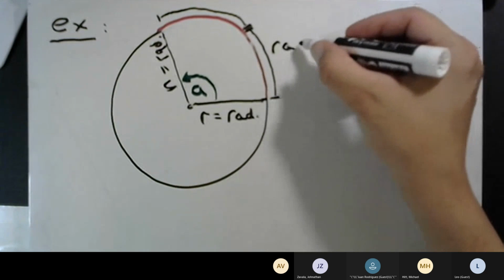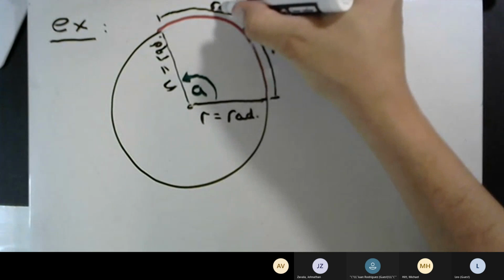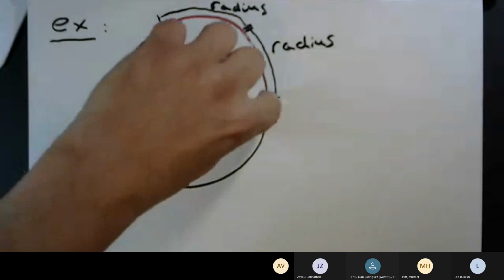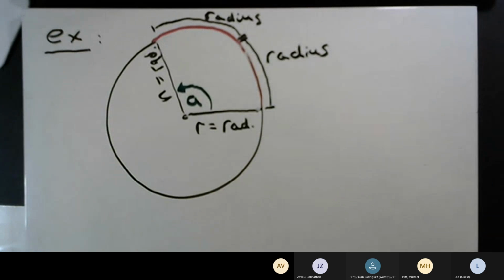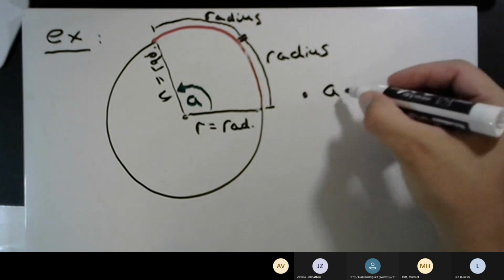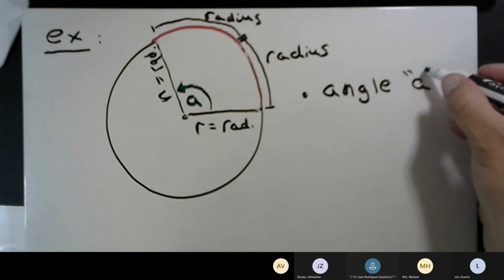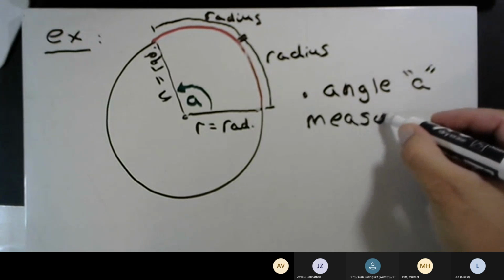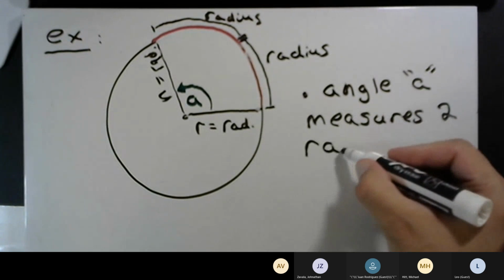So this would be a radius length, and this is also going to be a radius length. So we take this radius and we stretch it out along this arc length. What we're going to say is this angle A measures 2 radians.